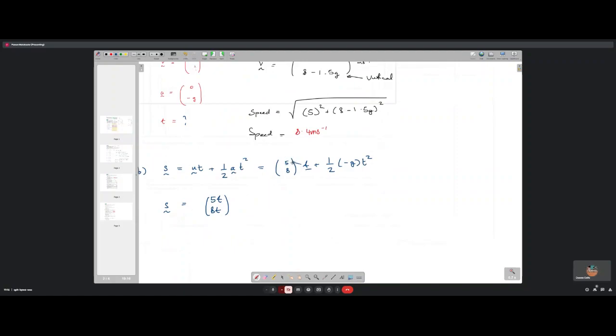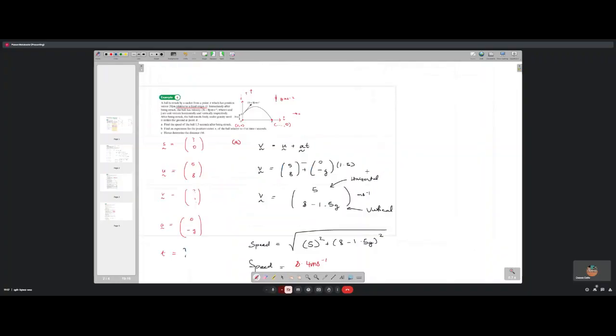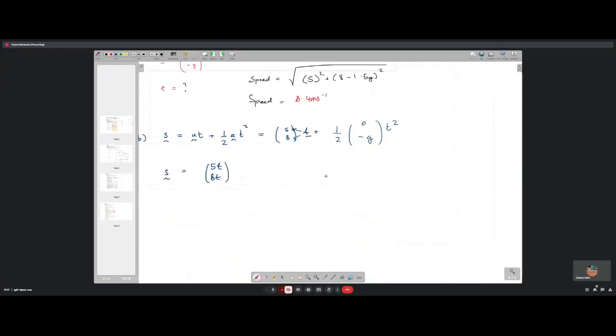The one thing I just realized is the acceleration that I've written here is incorrect because I'm using minus g, which in fact I should be representing as a vector. So it should be 0, minus g, like I've done there. So you would have 5t, and then a half times t squared times 0, that would just be 0.